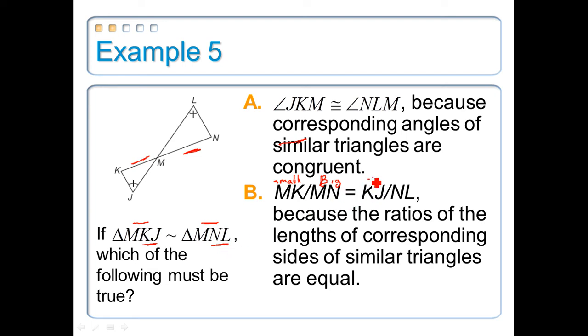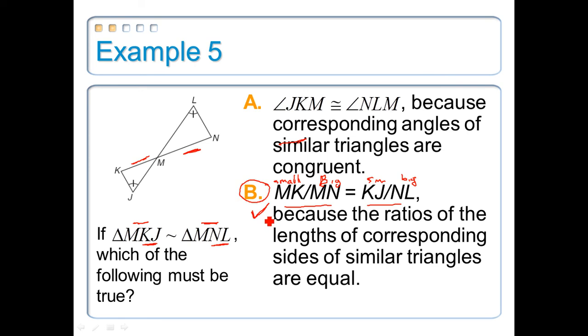So this is small to big. And it looks like they correspond. So this would say that this ratio equals this ratio. That means they're in proportion. So it says, let's look at what they're saying, because the ratios of the lengths of the corresponding sides, well, this looks like it's probably a true statement. So if I had to choose between A and B, I would choose B.